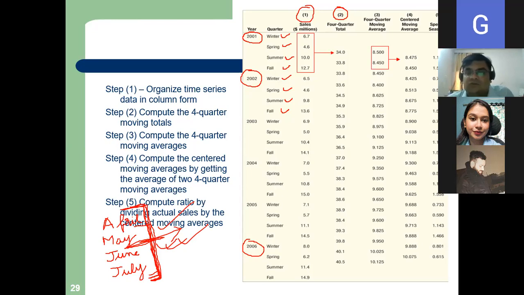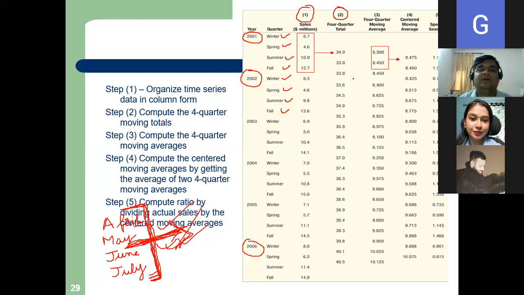But here we cannot do anything, it is a quarter. So now what to do? We have to write in between May and June. Try to understand this thing.